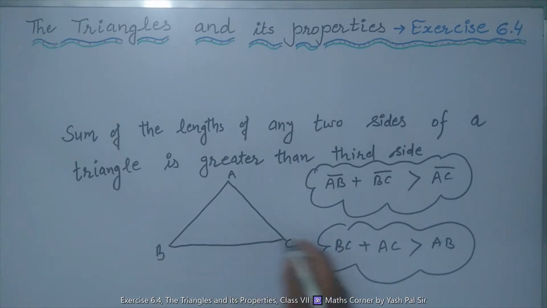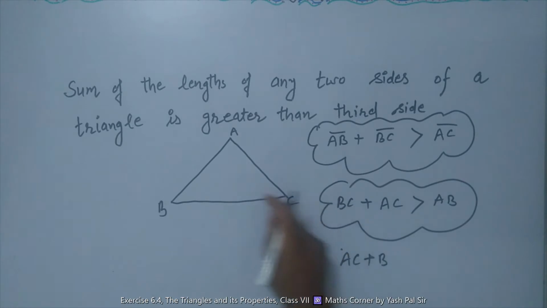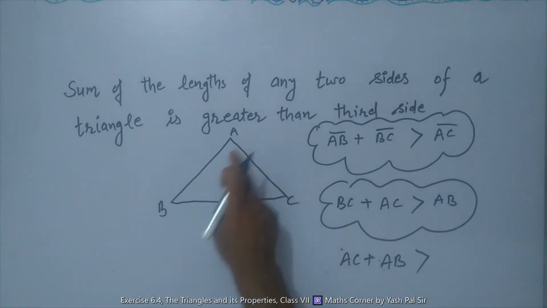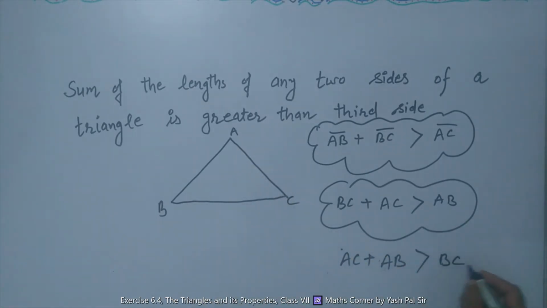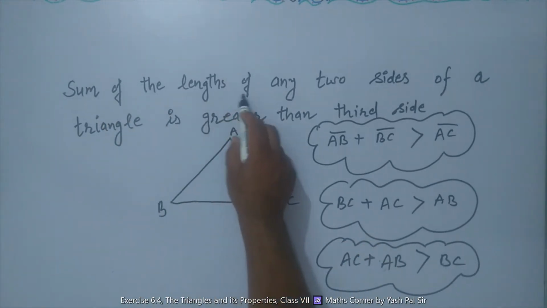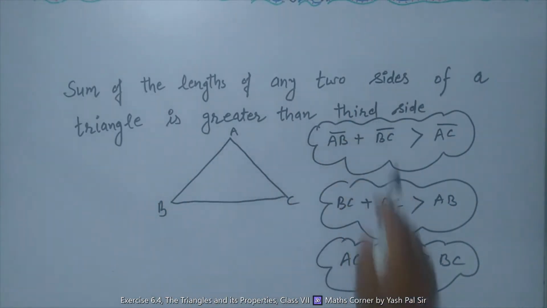Or if we start from AC, that is AC plus AB is also greater than BC. So what is the special characteristic in case of triangles? The sum of lengths of any two sides of a triangle is greater than third side.